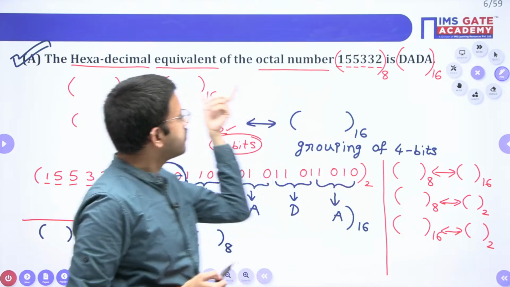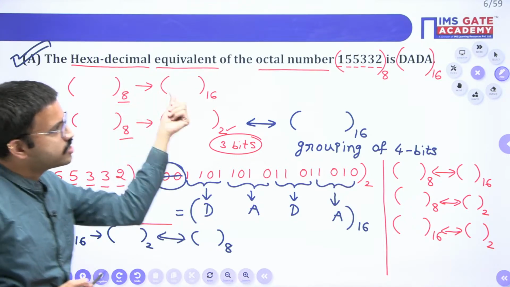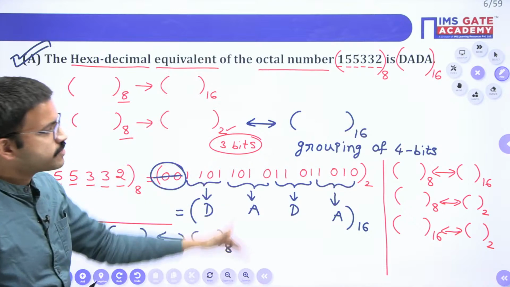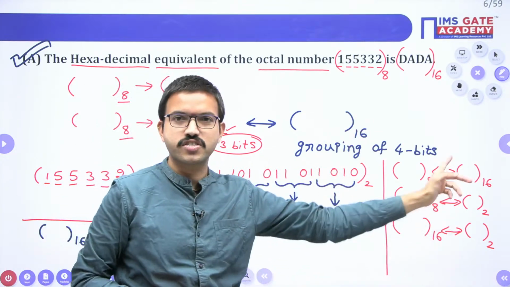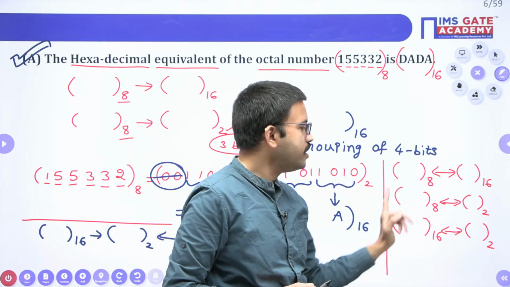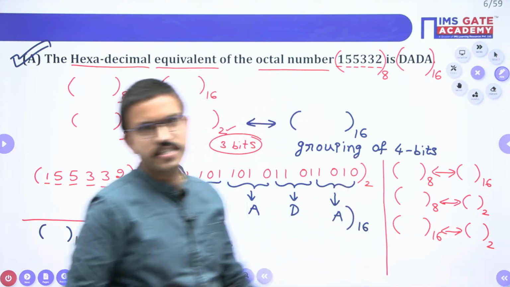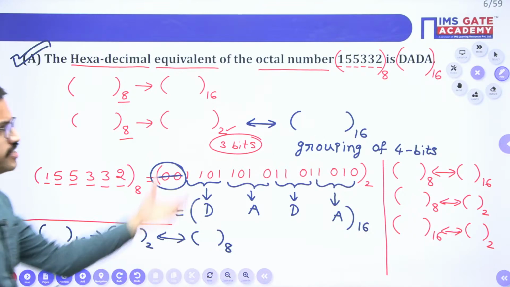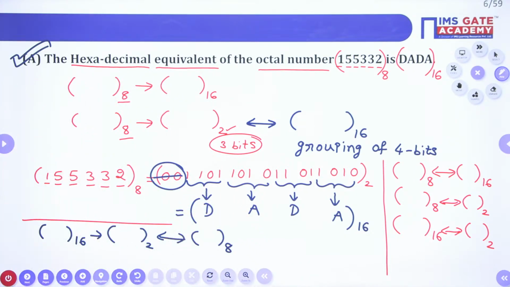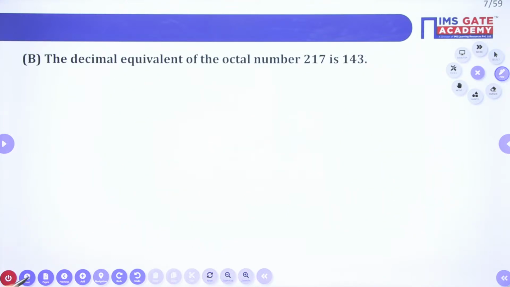With the help of option A, the question is related to octal to hexadecimal, but with this explanation you have learned 6 conversions: octal to hexa, hexa to octal, octal to binary, binary to octal, hexa to binary and binary to hexadecimal, right? I hope it is clear for everyone. Now let us proceed to the next option, whether it is correct or not.